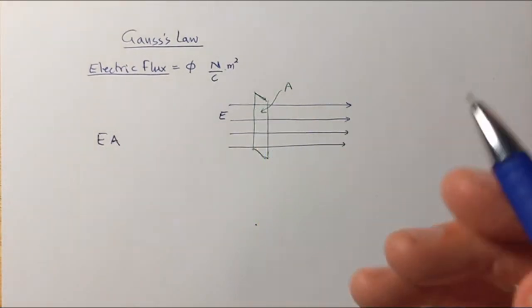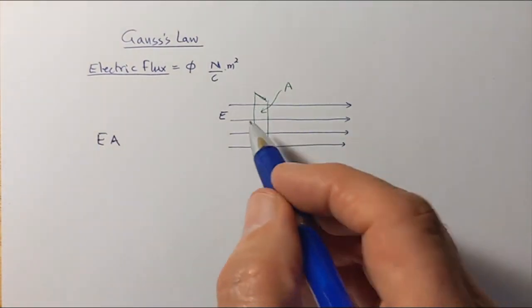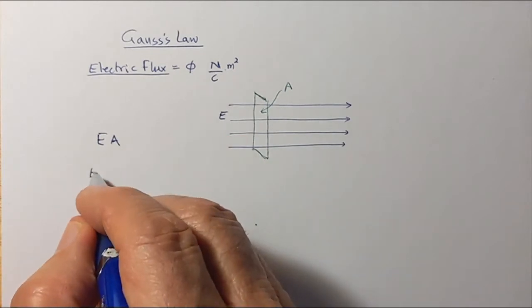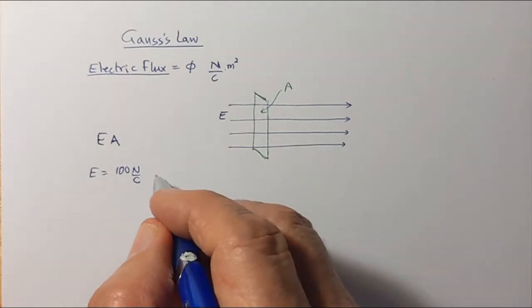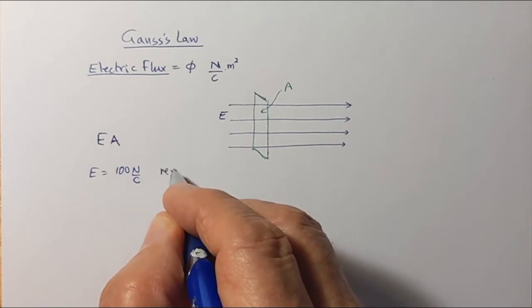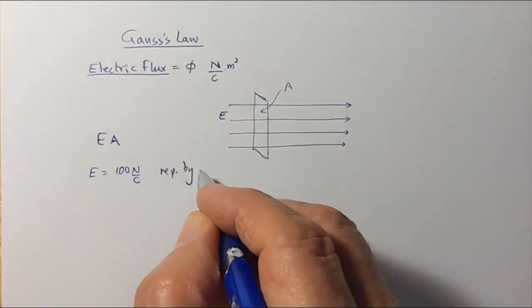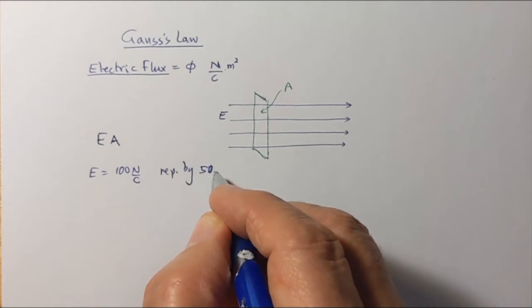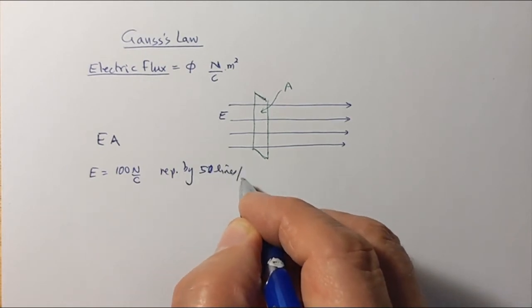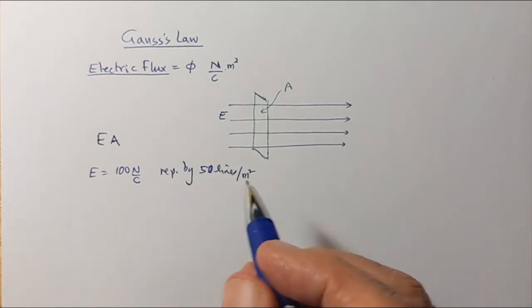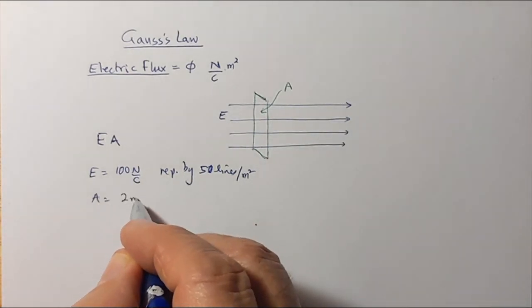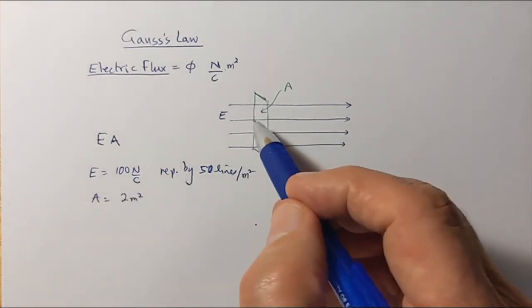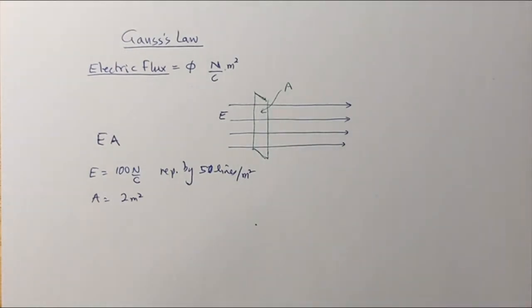So if, for example, for an electric field equal to, say, 100 newtons per coulomb, we say that it's represented by, let's say, 50 lines every square meter, and this area A is, let's say, 2 square meters. So how many lines will pass through this area?